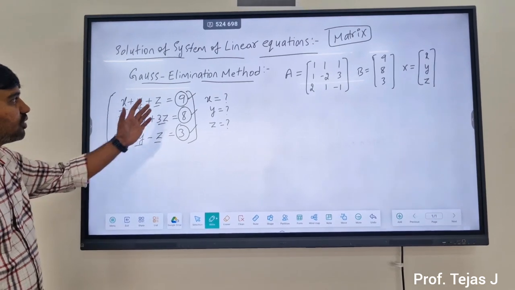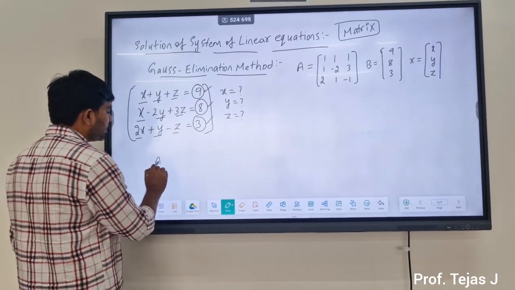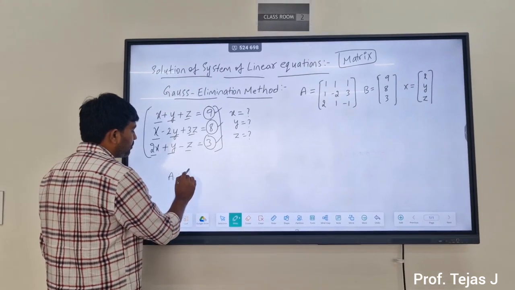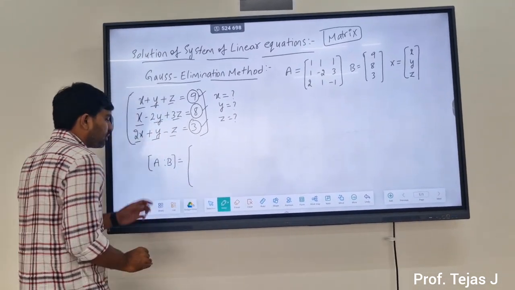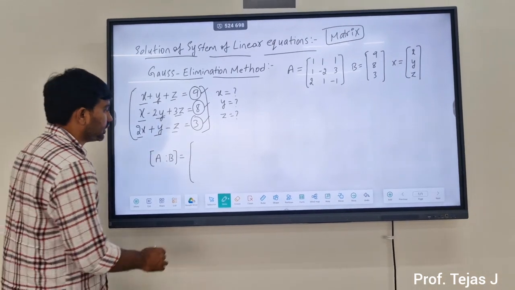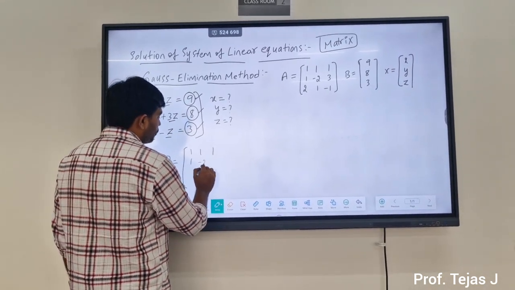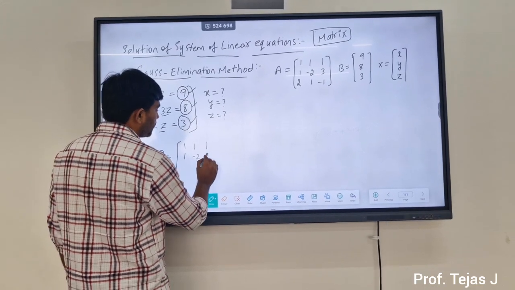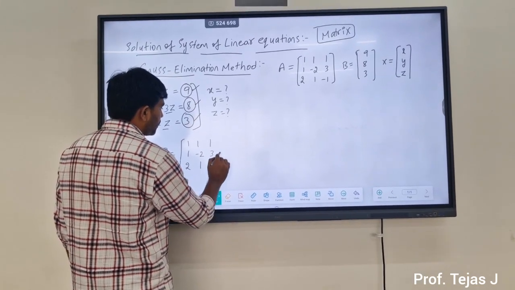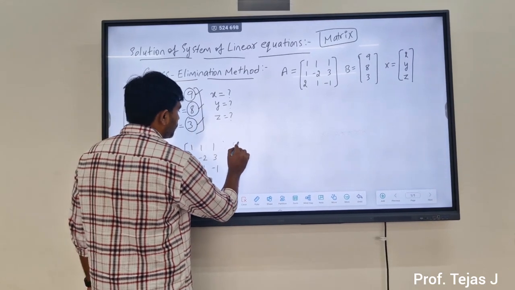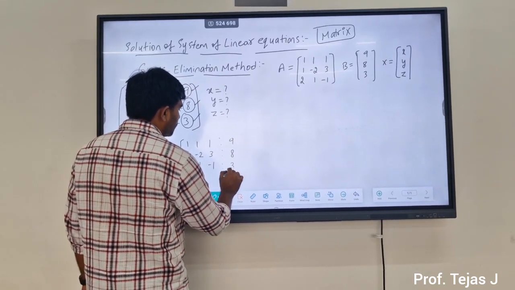Now, what does the Gauss elimination method say? In the first step, we consider the augmented matrix, combining the matrix values of A and B. So we take the matrix values 1, 1, 1; 1, -2, 3; then 2, 1, -1, corresponding to the values 9, 8 and then 3.